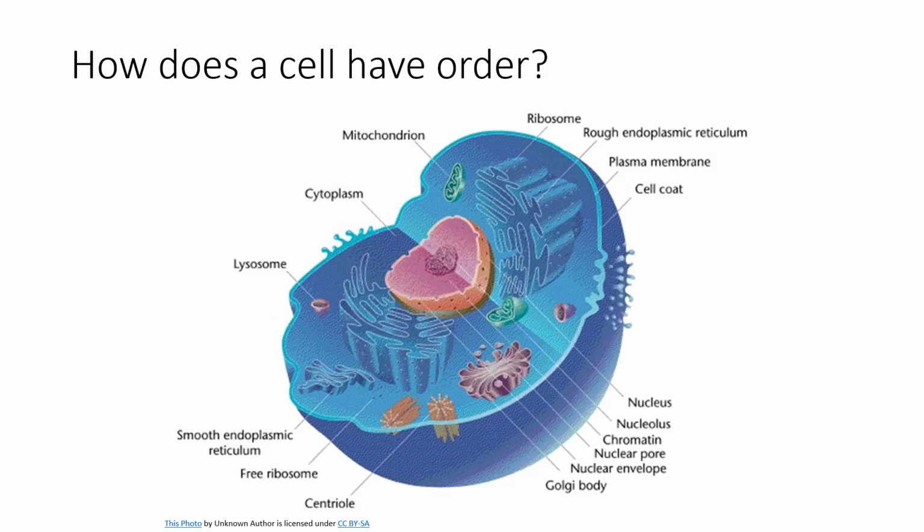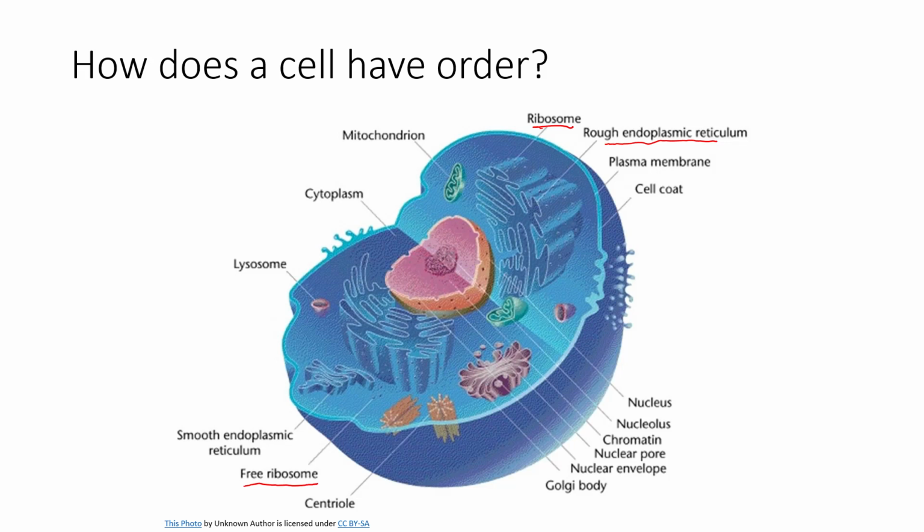You can see that we have ribosome up here, and then we have the free ribosome down here. The difference is that this ribosome up here is attached to rough endoplasmic reticulum, while this ribosome down here is a free ribosome. A free ribosome is going to produce proteins predominantly for inside of the cell.